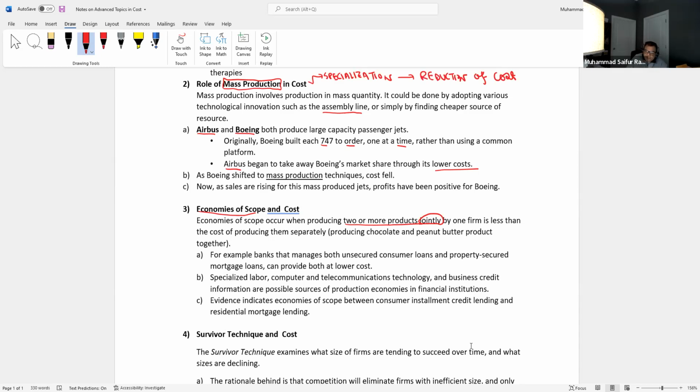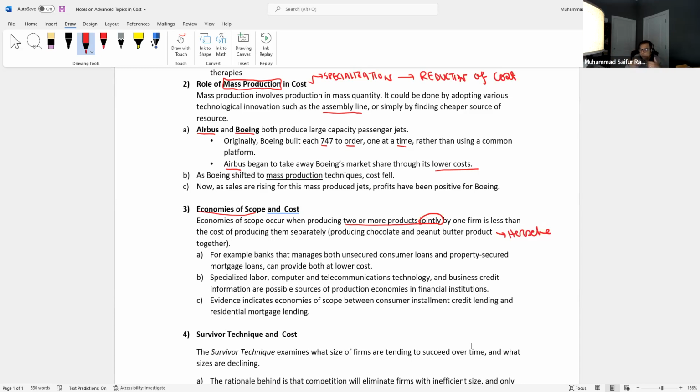My favorite example is Hershey. I probably am not spelling the name of the chocolate company properly. I apologize. So Hershey basically have their production plant where they produce chocolates, they produce peanut butter products, and sometimes they also produce products that have both chocolate and peanut butter. And that is a classic example of economies of scope.